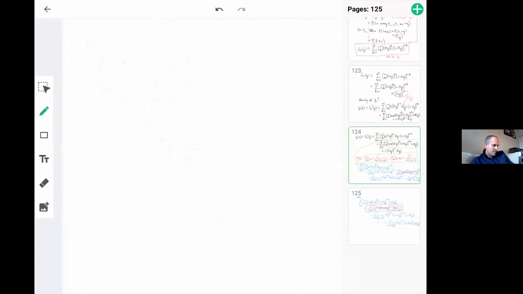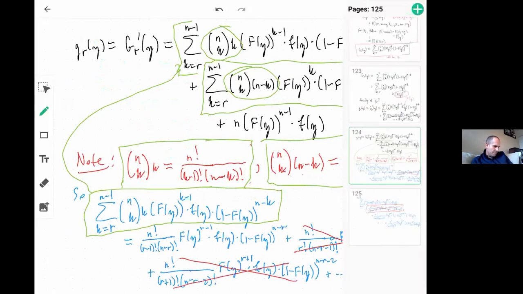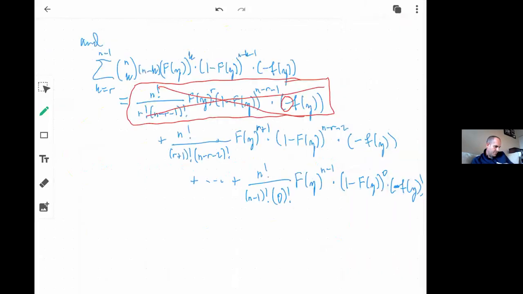We just say this term right here is going to cancel with the second term over here. And the same thing is going to happen for all the terms but the last one.